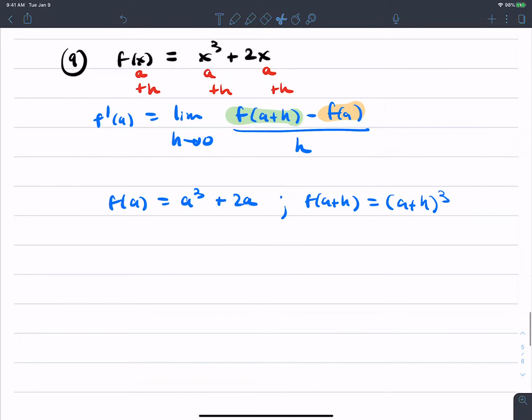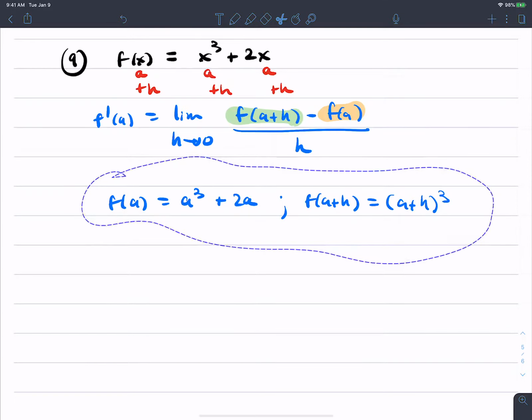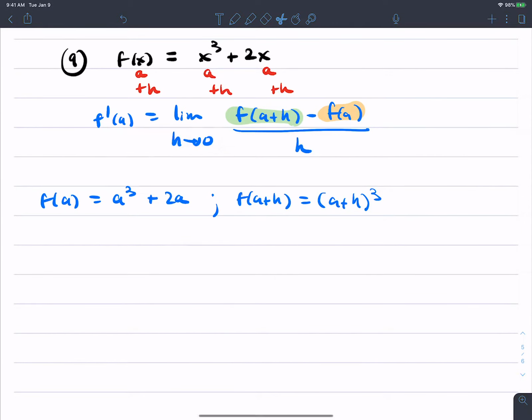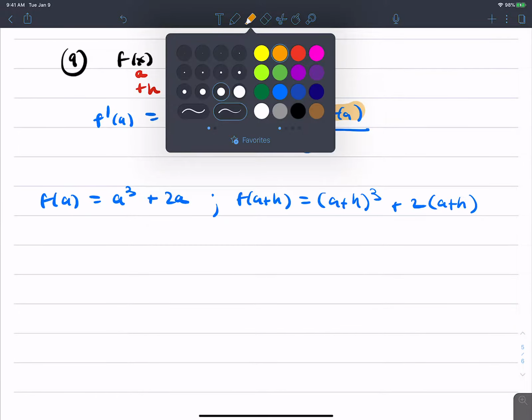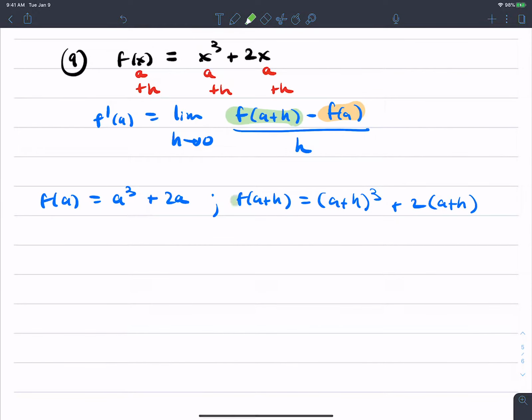And since we're running out of space, we're going to move this over here. Plus 2 times a plus h. All right, so you guys have that here. Double check here: you can plug this stuff in. The green portion is all of this, right? The orange portion is what you see up here.